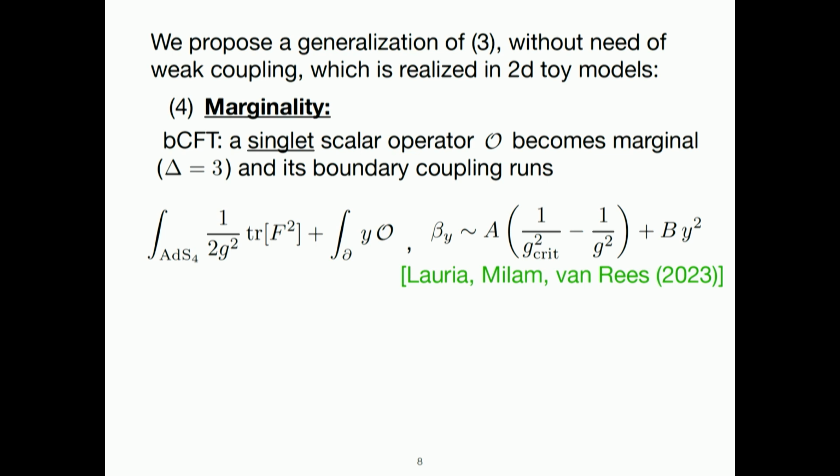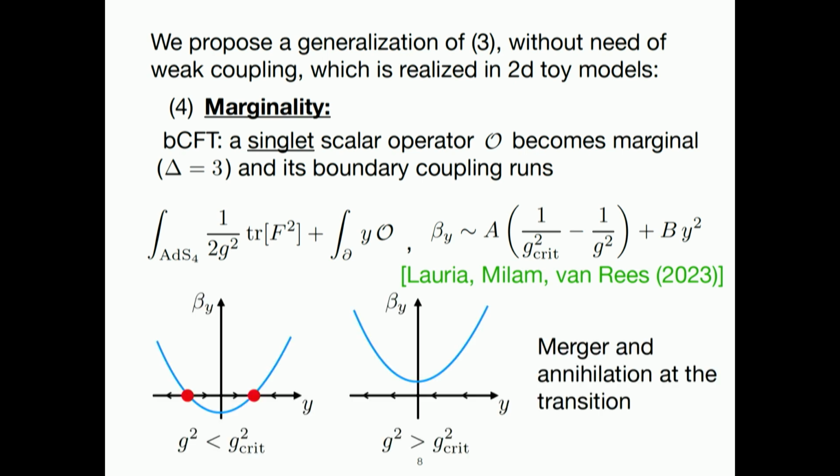Okay, I'm using interchangeably varying the radius or varying the coupling, because I'm imagining considering the coupling at the scale of the radius of AdS. So we need to deform a little bit away from this critical value of the coupling, and we find this form of the beta function. Okay? So there is a contribution coming from the bulk and a contribution proportional to the coupling itself.